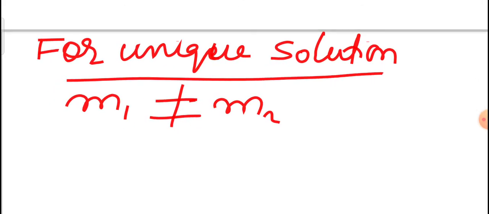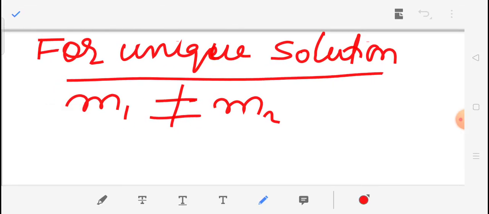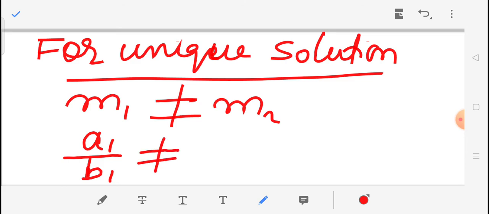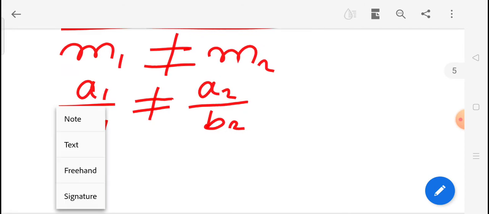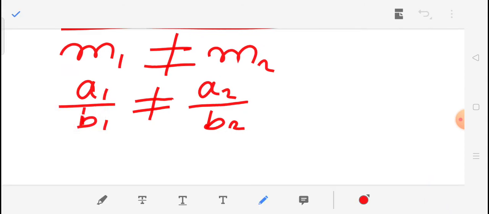We are going to ignore the minus because it is going to cancel out. So a1 divided by b1 is not equal to a2 divided by b2. This is the condition, and now we can convert it by doing cross multiplication.